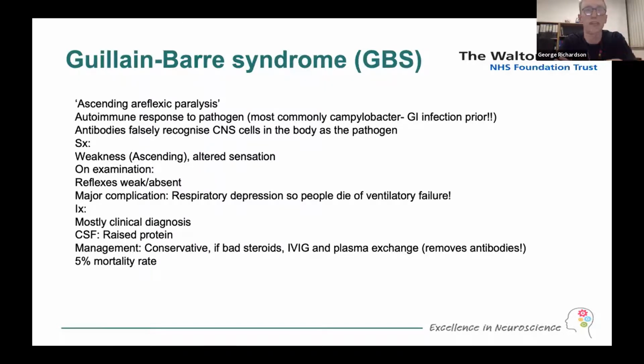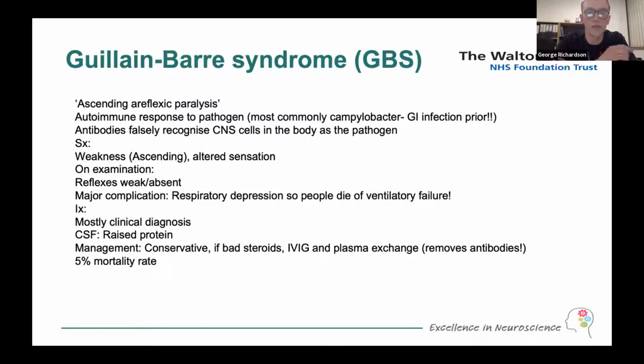Sometimes they lose it in their legs and then it goes to their arms, or the other way around. There are a couple of different subsets of this condition as well, like Miller-Fisher, but that's probably a little bit beyond finals. This occurs due to an autoimmune response to a pathogen. Typically, I think most commonly it's Campylobacter, and so the patient might have a history of a GI infection in the weeks prior to the weakness onset.